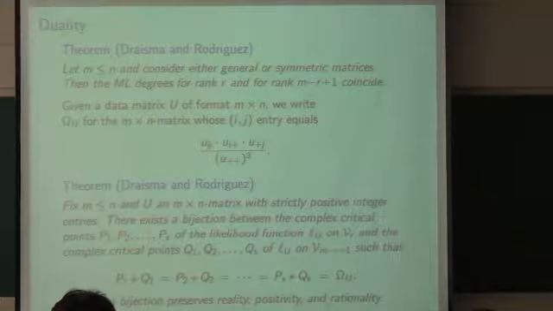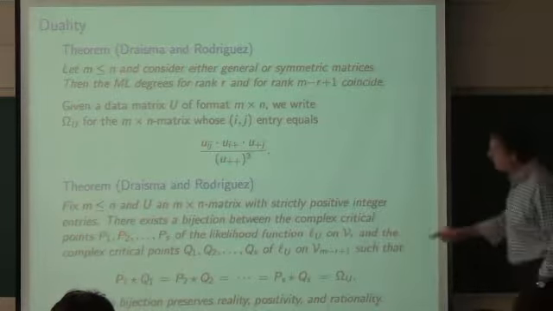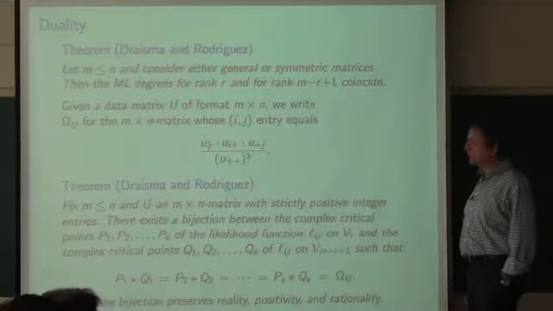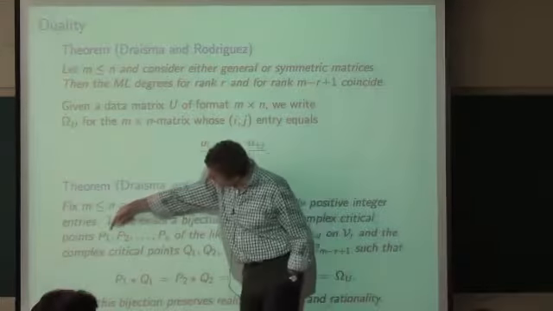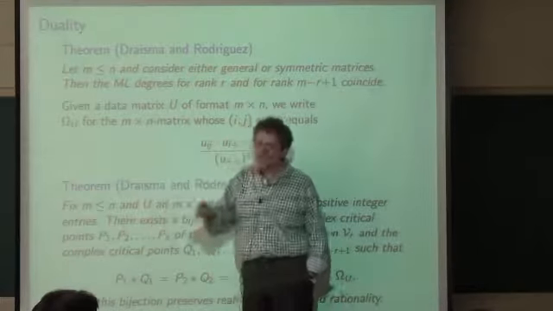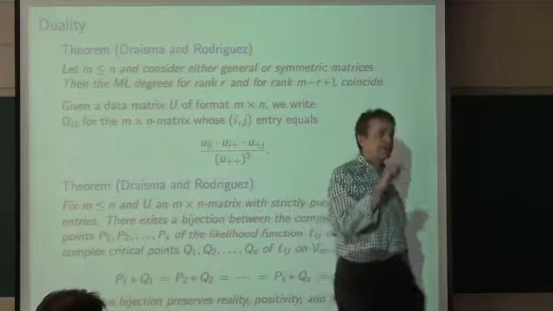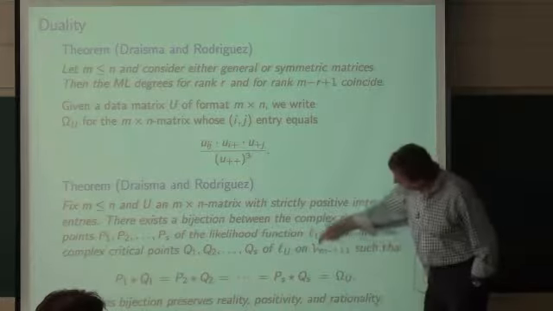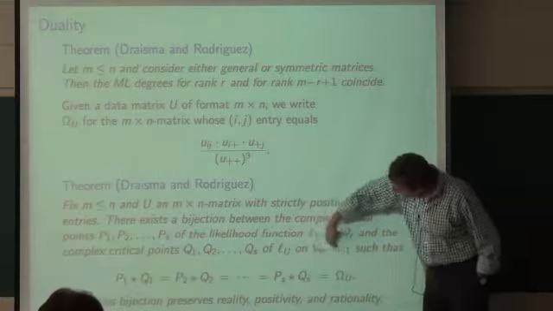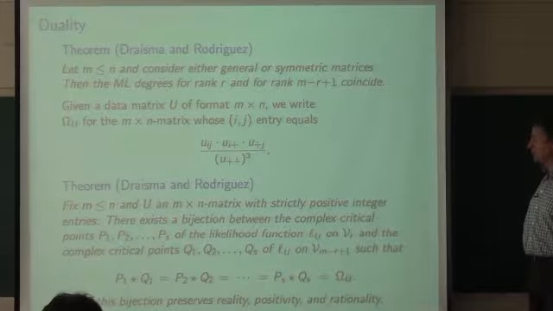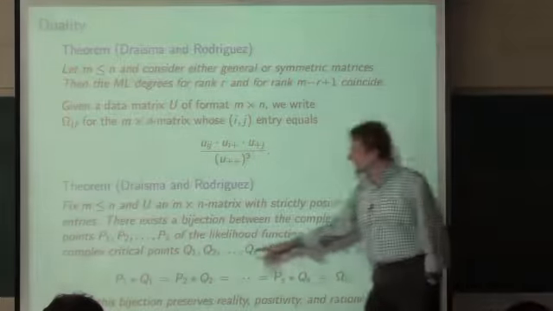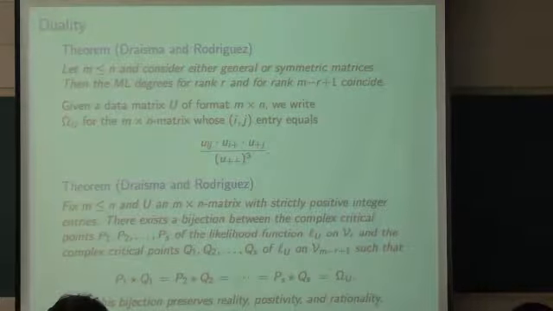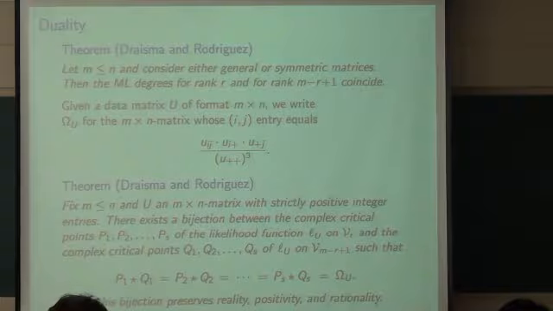If we look at the complex critical points of the likelihood function on the rank R variety, I can label them P1, P2, up to PS. I can order the S critical points in a particular way. Similarly, I can look at the critical points of the same function on the co-rank R minus 1 variety, and I can label them Q1, Q2, up to QS, same S, such that the following bijection holds.